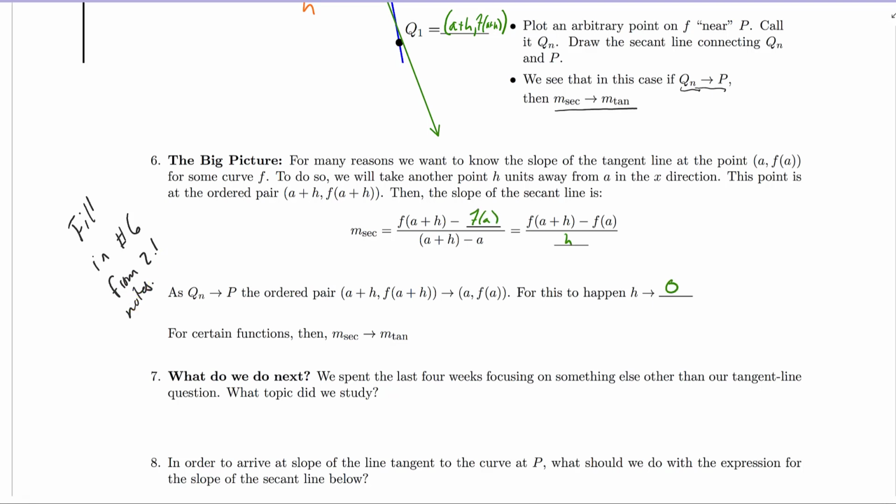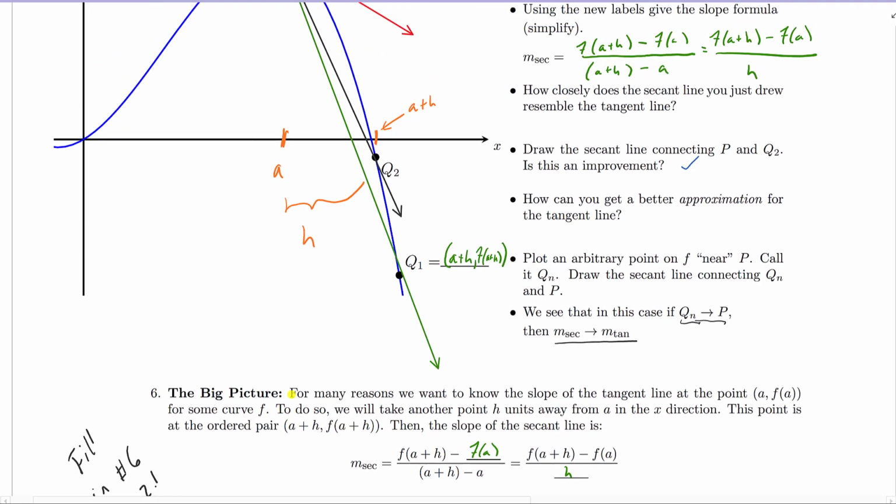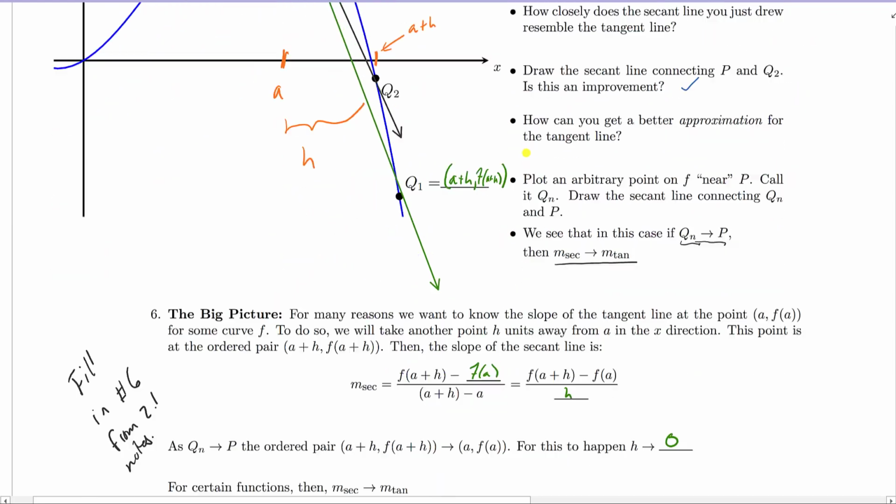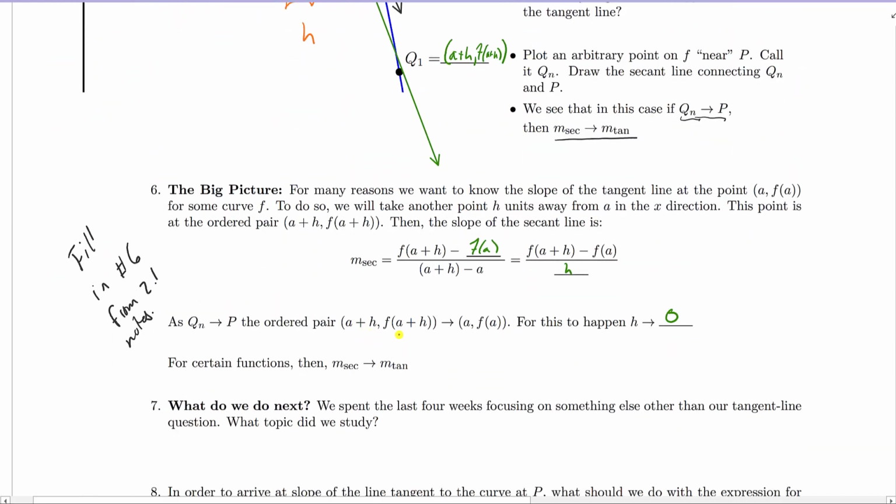So what we see here is that as Qn approaches P, for that to happen, this ordered pair right here, which was our Qn ordered pair, needs to approach the ordered pair A comma f of A. So that's the notion of moving these Qn's. Here's Q1, here's Q2. These Q's are getting closer and closer to P. Well, for that to happen, if this ordered pair is getting closer and closer to this ordered pair, the only way that can happen is if H is approaching 0.